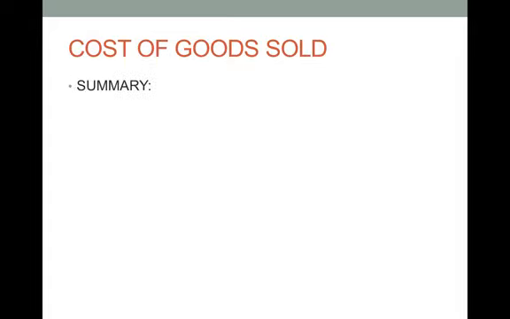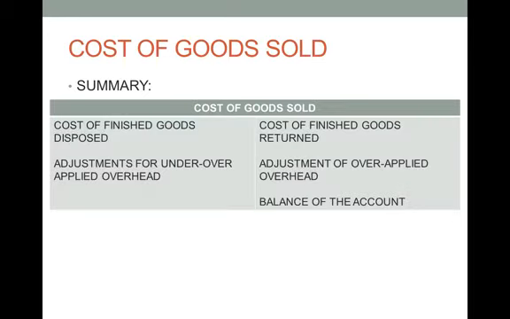So, the summary of cost of goods sold is this. Cost of goods sold, T account. What do we need to see in the debit and in the credit side? Sa debit side, dalawa po ang dapat makita na naka-record: cost of finished goods disposed or binenta, or in-issue, and then yung pangalawa, adjustments for over-applied overhead.